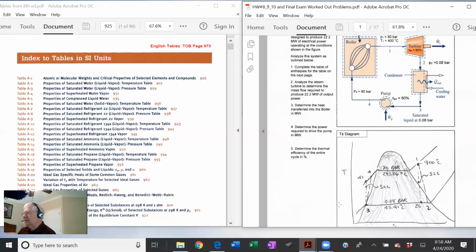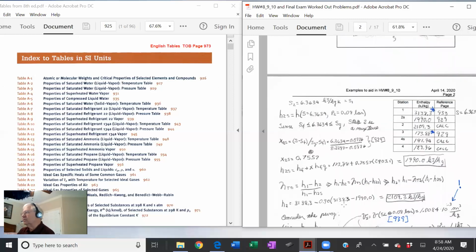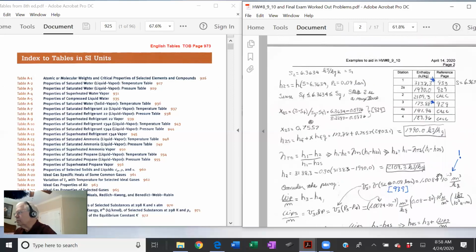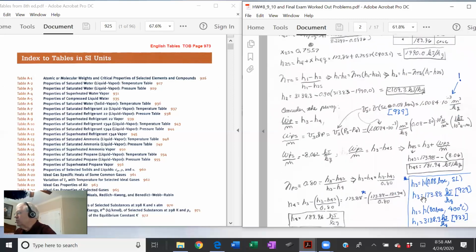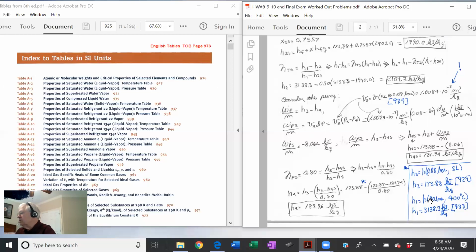So let's get the enthalpies. H1, I don't believe I showed it down here. I had forgotten. H1 is just H at 80 bar and 400 degrees C on table 933. So let's go over here and look at table 933.